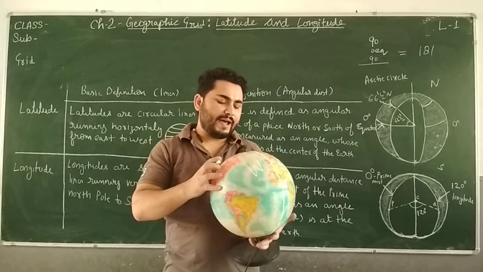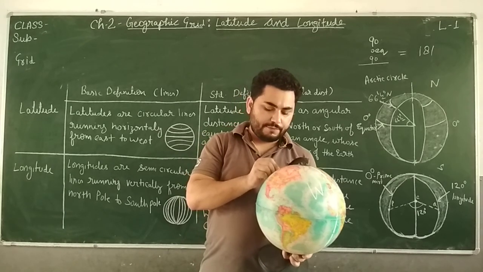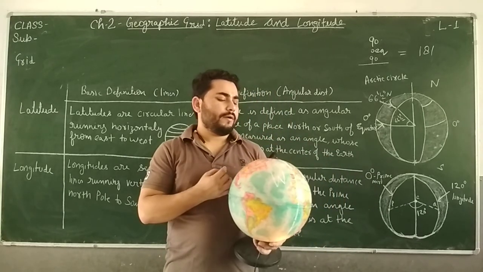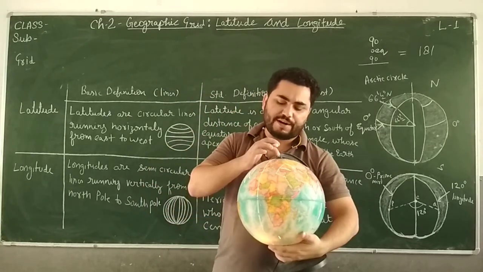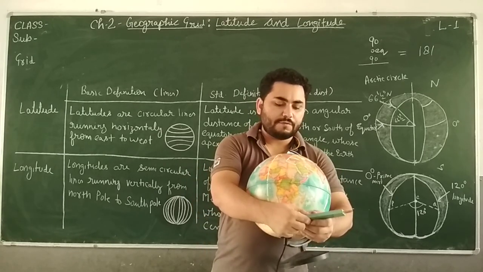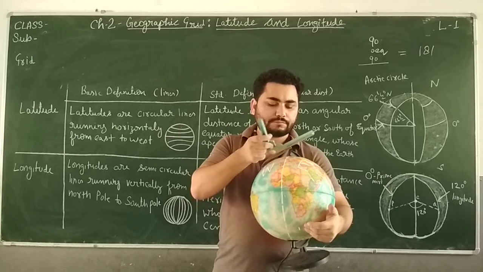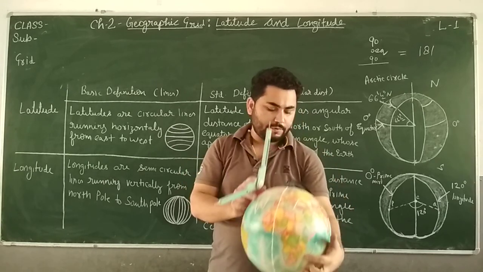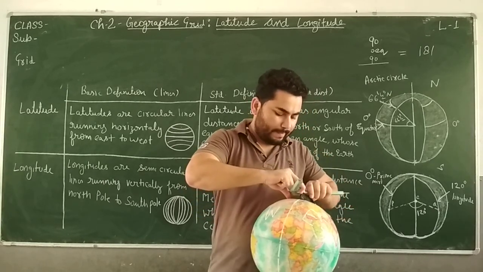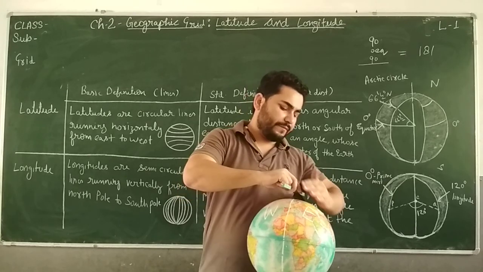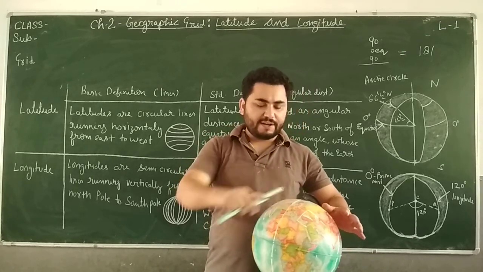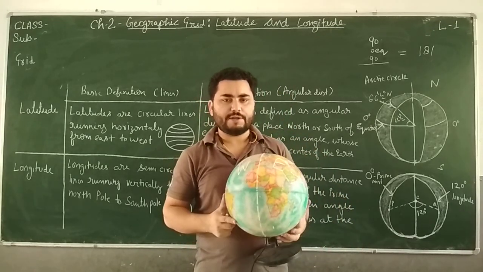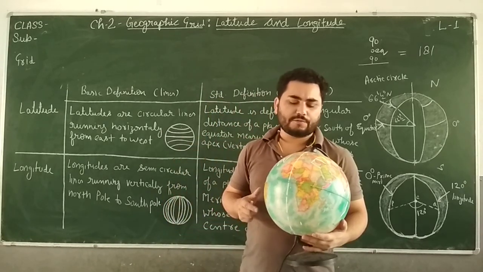So there are 180 lines in the east and 180 lines in the west, starting from here and measuring like this, up to 90 degree, and then straight 180 degree. 180 lines here and 180 lines here. So in total we can say 360 lines of longitudes are there.